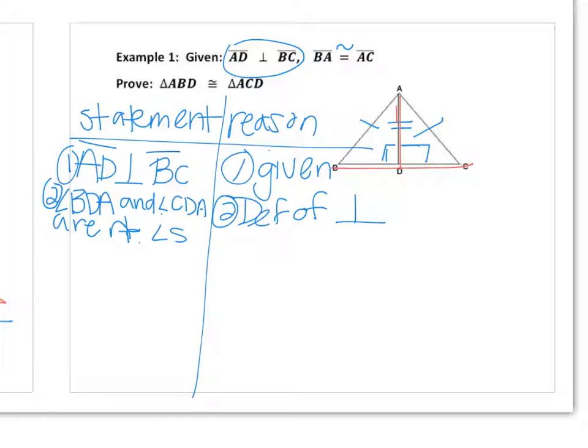Well, typically we go from right angles to congruent angles. In this one, I don't need them to be congruent. For HL, I need them to be right triangles. So in this case, I can say triangle BDA and triangle CDA are right triangles.